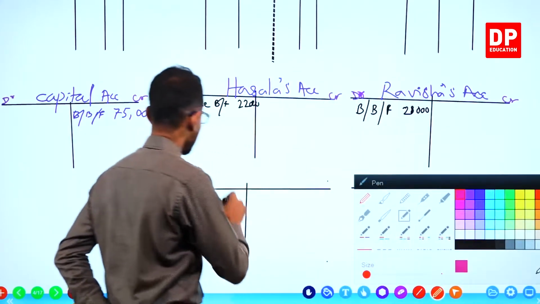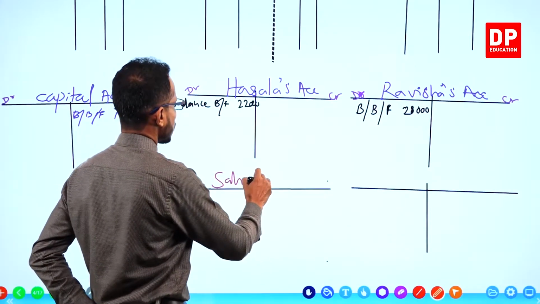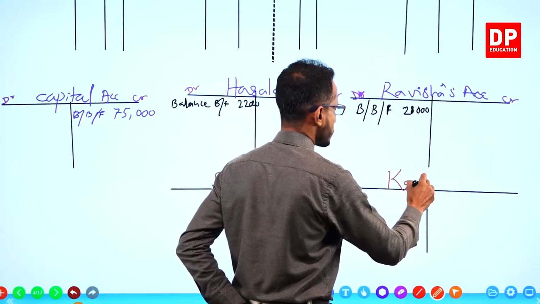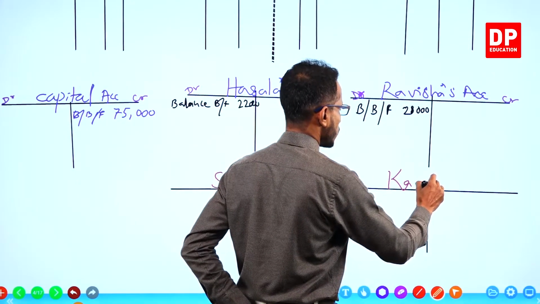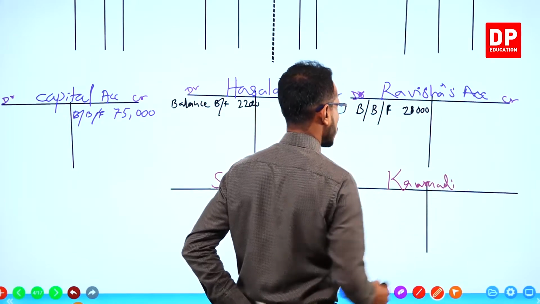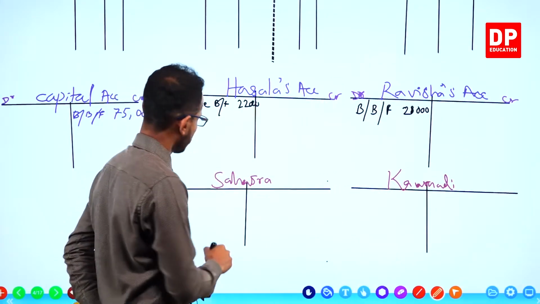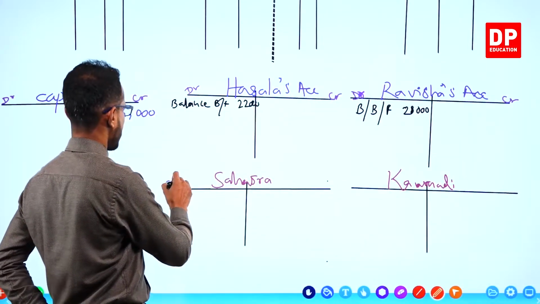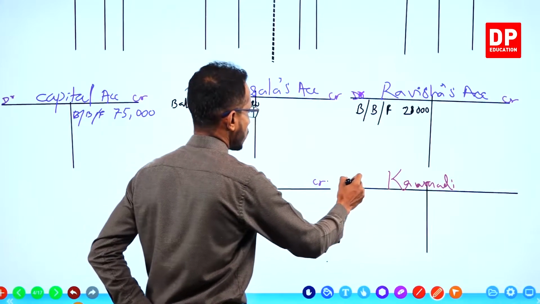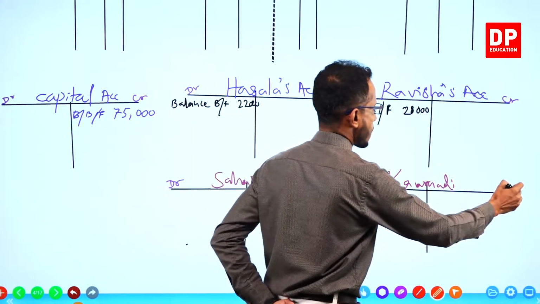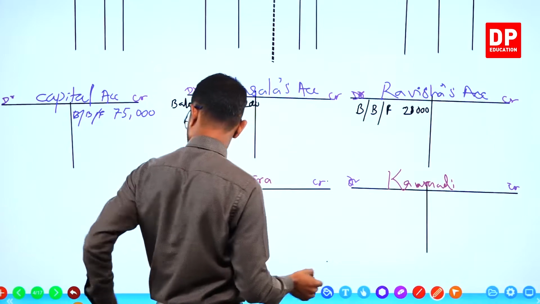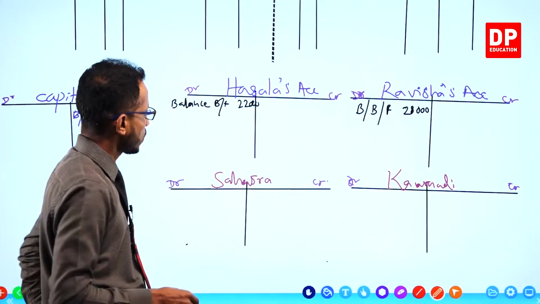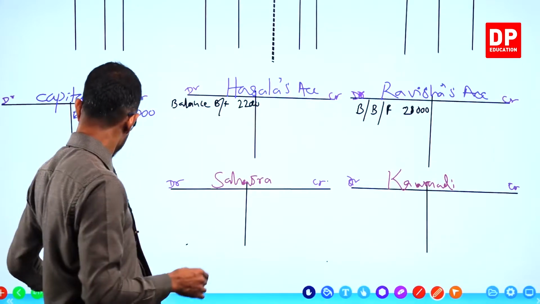Let's mention Sahasra and Kaumadi. Debit and credit. Can you remember the balances given?